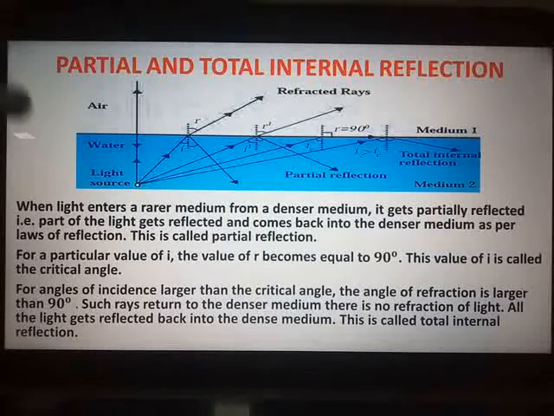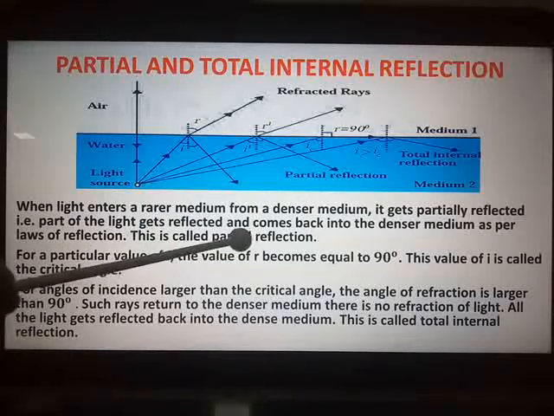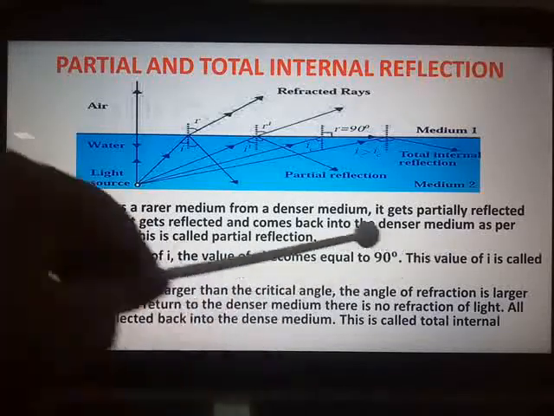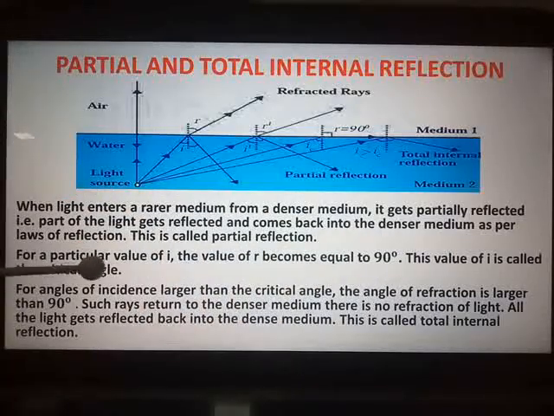For a particular value of I, the value of R becomes equal to 90 degrees, and this value of I is called the critical angle.